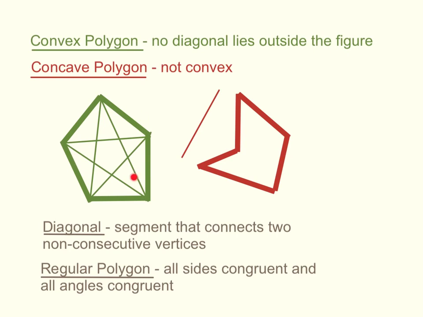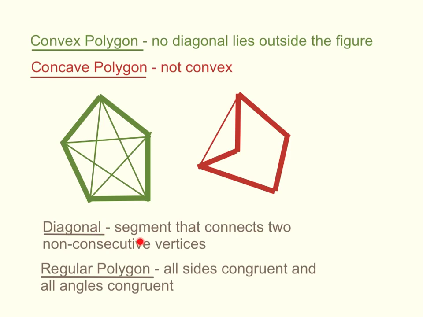You can see here, this green pentagon is a convex polygon, and I've drawn all of the diagonals and all of them lie inside of the polygon. And here I have this red polygon over here. This is a concave polygon, and you can see quite clearly that this diagonal here lies outside of the polygon.